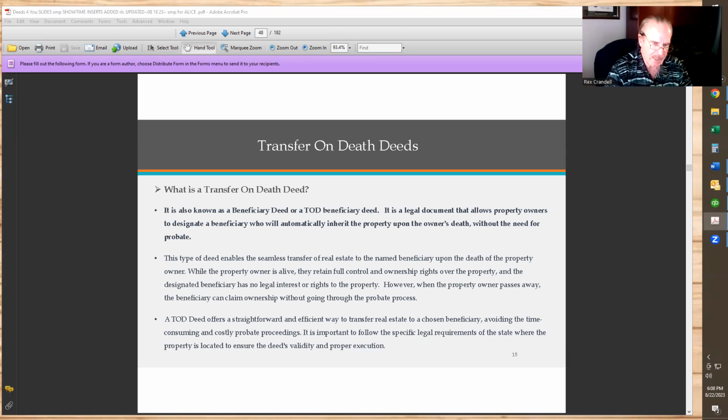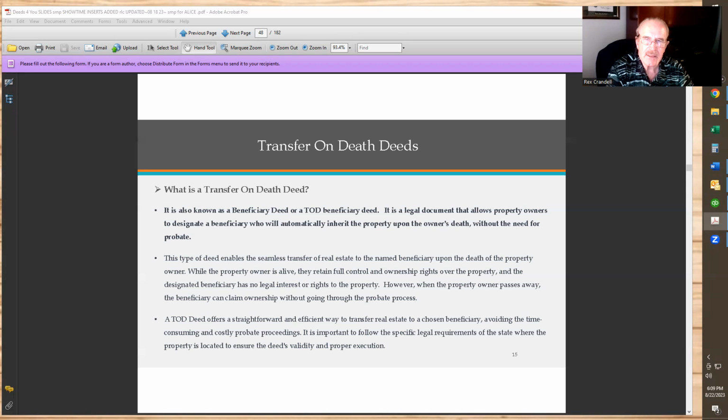So unlike a life estate where you give someone the right to stay in the property, like yourself, and then after you die, it goes to another person, the remainderman, those are not necessarily revocable, whereas this transfer on death deed is actually called a revocable transfer on death deed. And so the beneficiary gets no right. They have no say if you decide to revoke it or change it in the future.